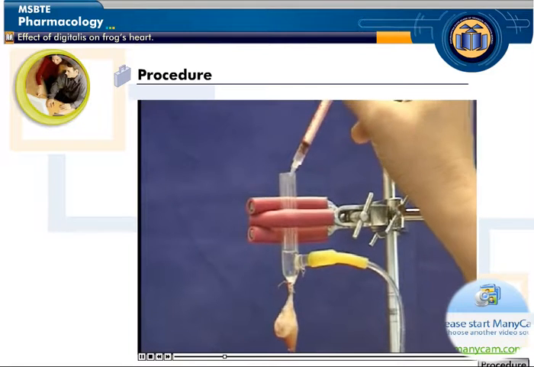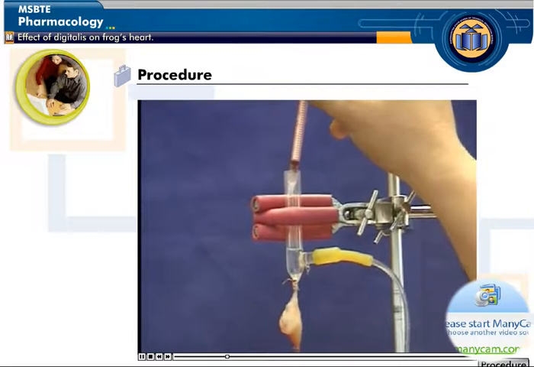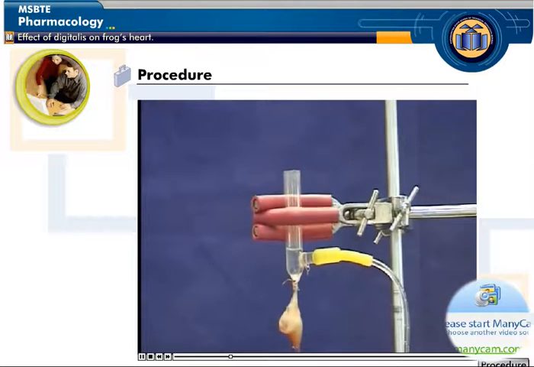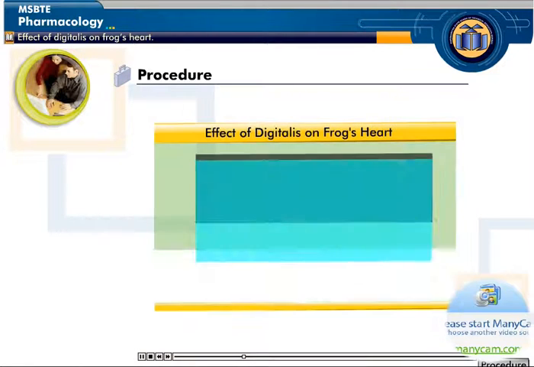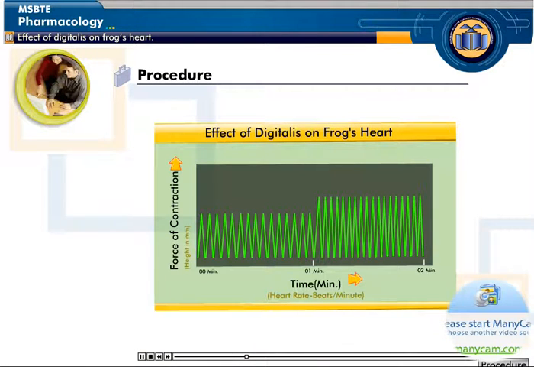Now record the effect of 0.1 ml of stock solution of digoxin and 0.1 ml stock solution of calcium chloride. You can see that the rate and force of contraction of heart and its rhythmicity is increased.